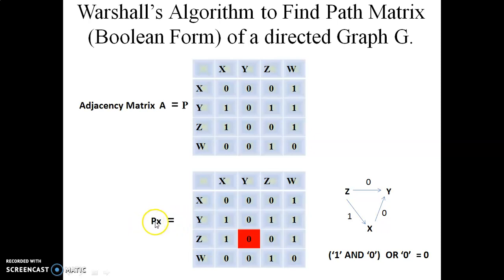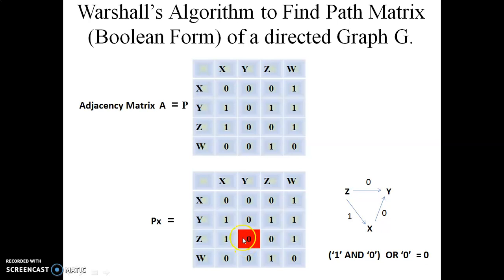So we write it as P of x, which is equal to... In this intermediate matrix, these index values in P of x are obtained by considering the previous path matrix P. Now I will tell you how to obtain each value of this P of x.